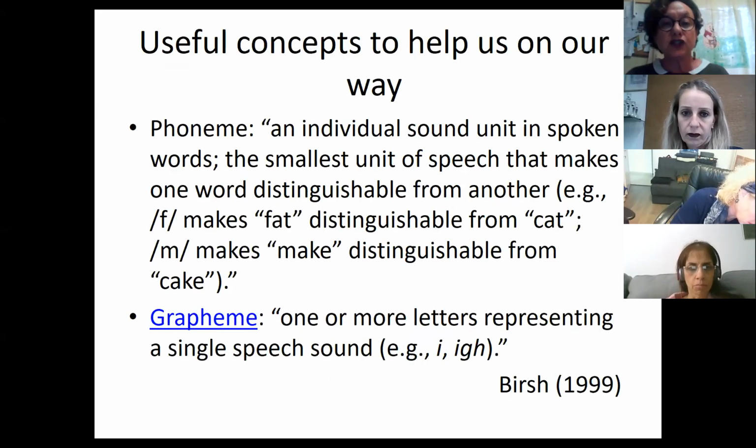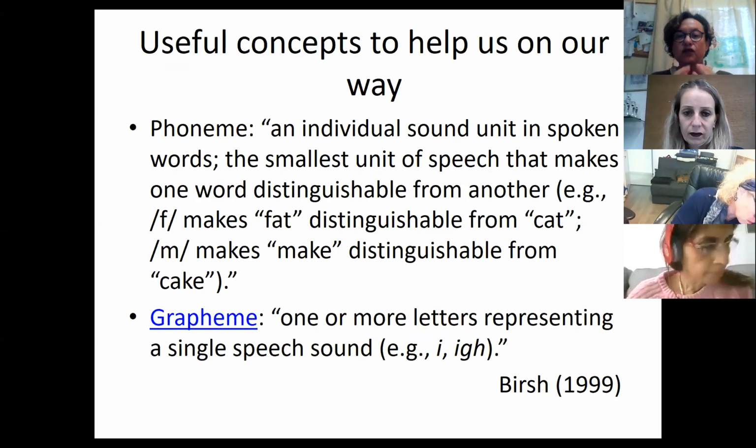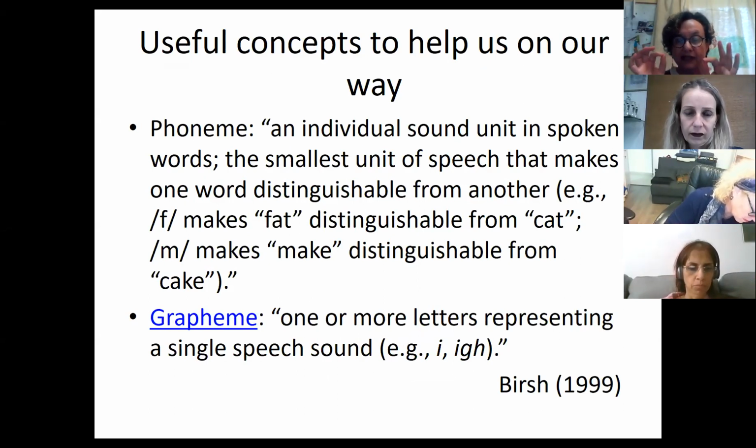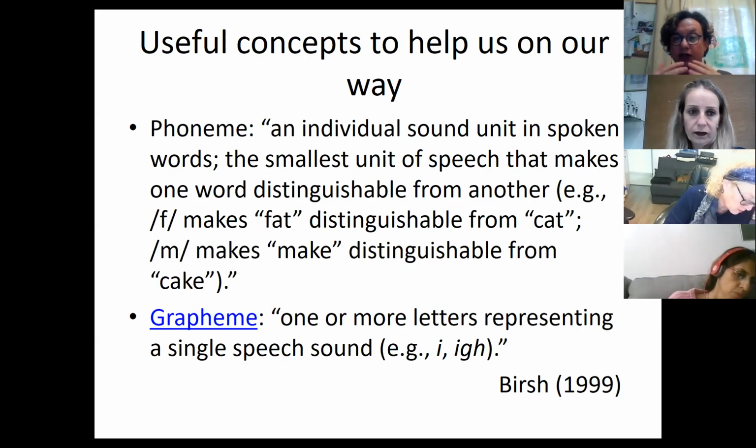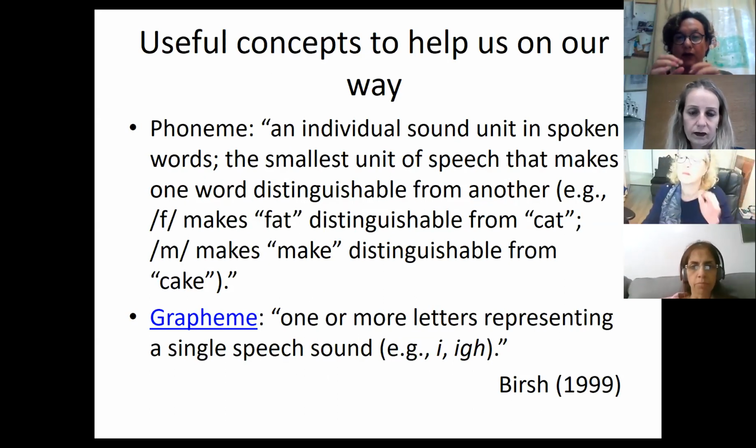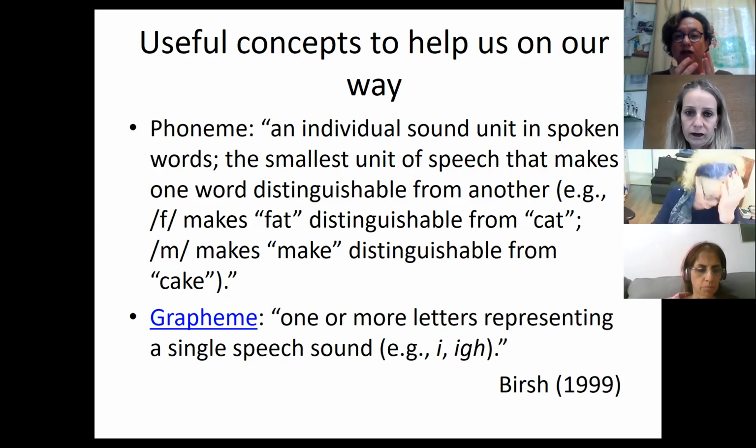Okay. And just to remind us all of concepts that we talk about all the time, but it's not a bad thing just to refresh in our minds. When we talk about a phoneme, we're talking about an individual sound unit. It's abstract and sometimes it's difficult to imagine what that sound unit is, because when we speak words, we intertwine those words, and so we intertwine the phonemes.